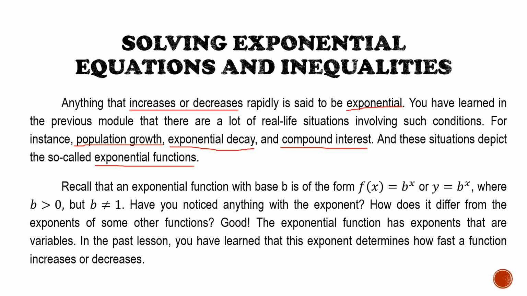So recall that an exponential function with base b is of the form f of x is equal to b raised to x, or y is equal to b raised to x, where b is greater than 0 but b is not equal to 1.